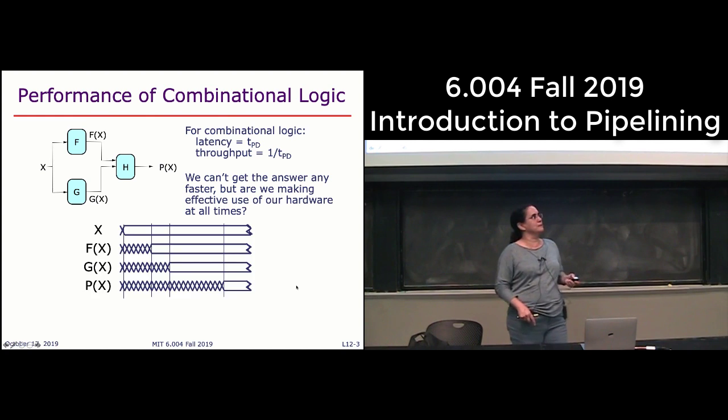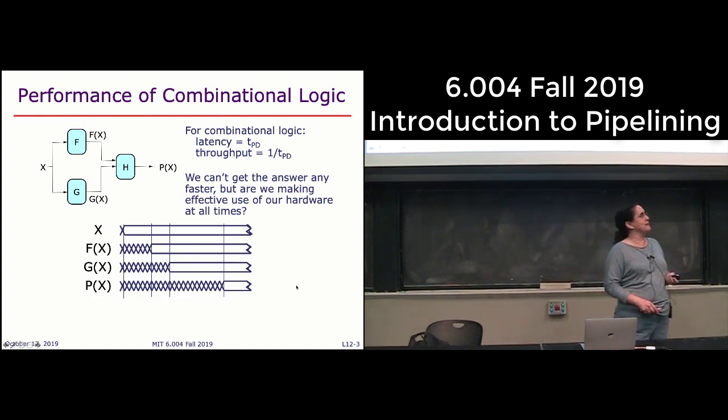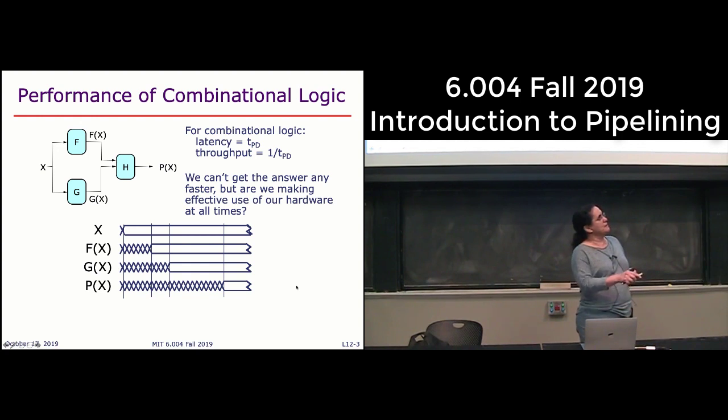If I look at a little bit of a timing diagram of what's going on in the circuit, it looks something like this. Here's my input X ready to go into my circuit. After some propagation delay, F is finished processing that X and has produced a valid output. G takes a little bit longer, but at this point, it's produced a valid output.